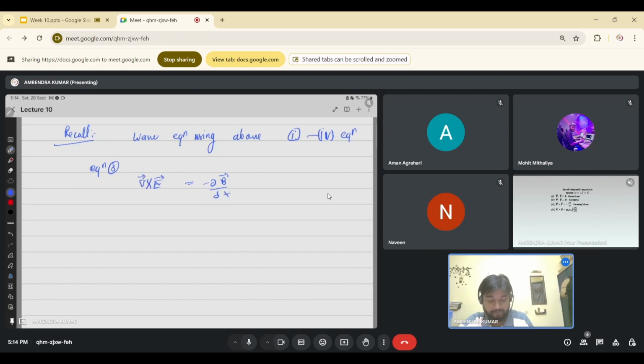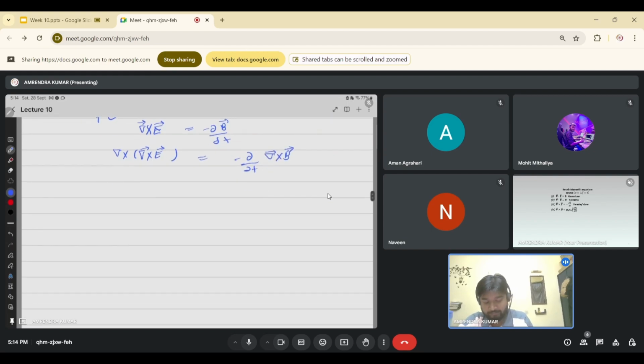Now you take another curl of this, so you will have del cross del cross E equal to minus del over del t of del cross B. Now del cross del cross E can be written as del (del dot E) minus del square E vector, which is equal to minus del over del t of del cross B.